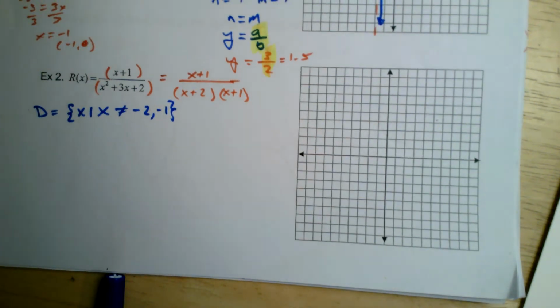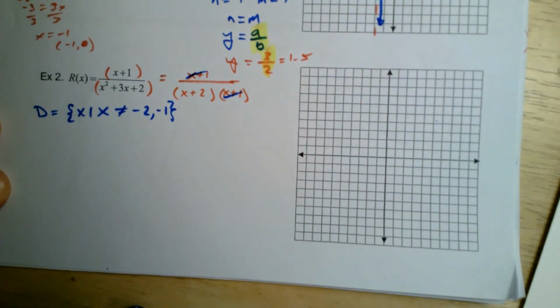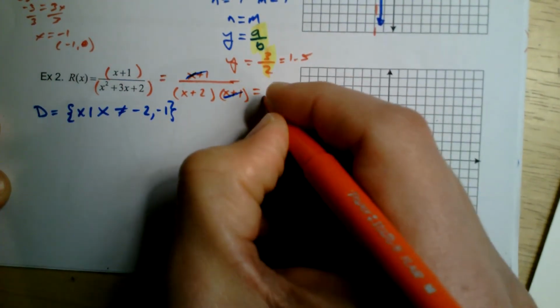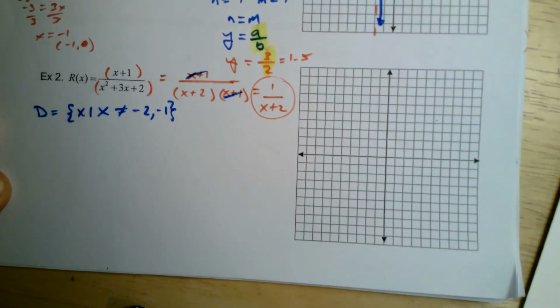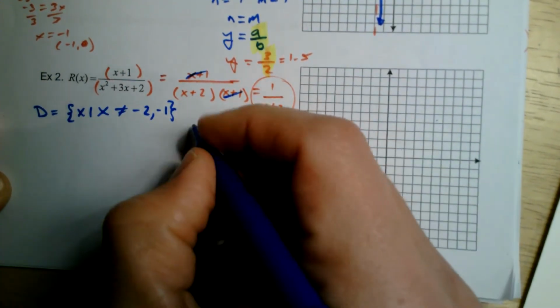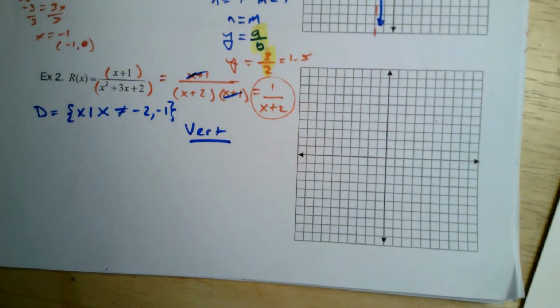Now, vertical asymptotes, guys, are found in the reduced fraction. And I can totally reduce these x plus 1s. Those totally cancel. And now that gives me 1 over x plus 2. So I have a vertical asymptote at the restriction in the bottom.